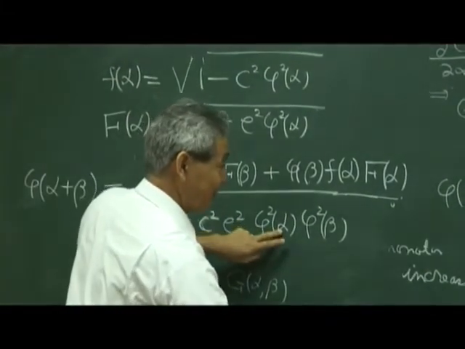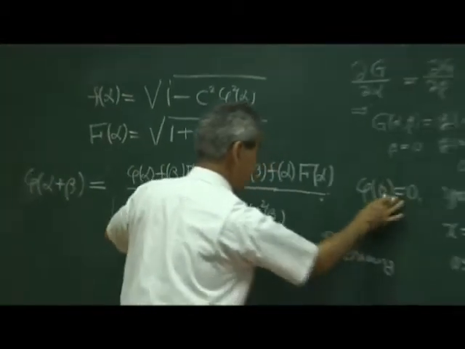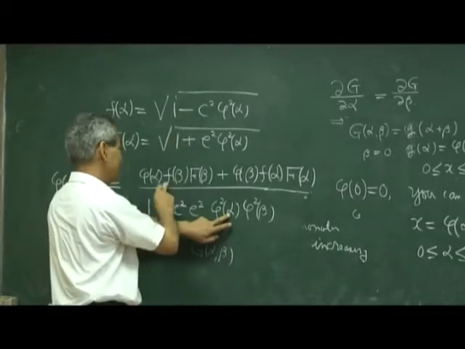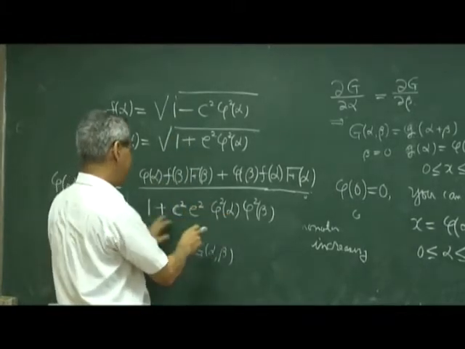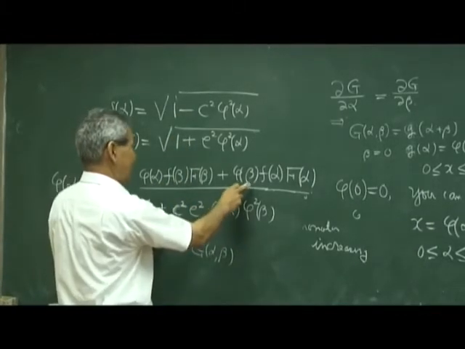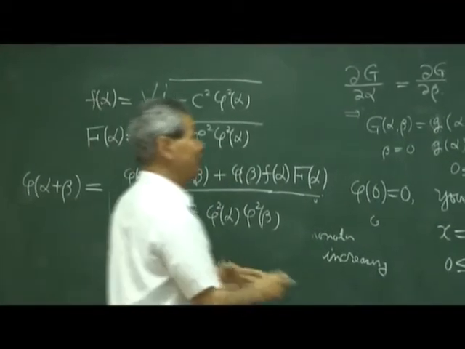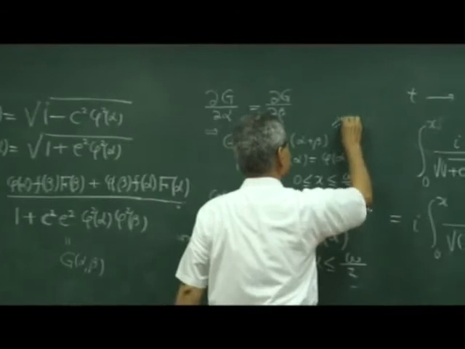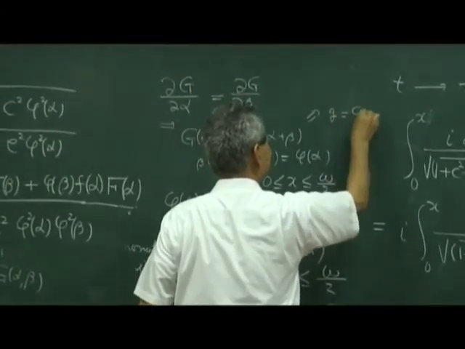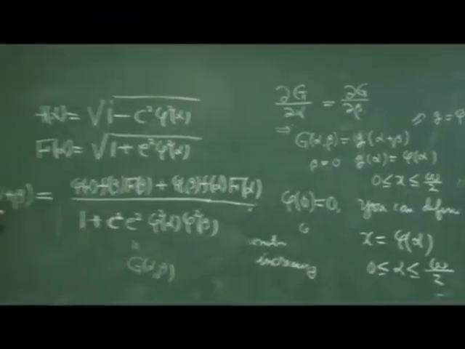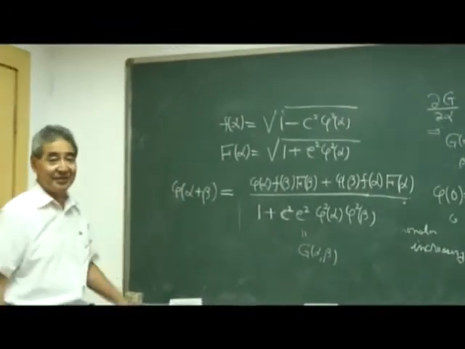I already erased it, but phi here is 0. So this is 0, this is 1. So what you get is f beta, this is 0, so just phi alpha. Okay? So this implies that G should be phi. Therefore, this theorem holds. That's his proof.